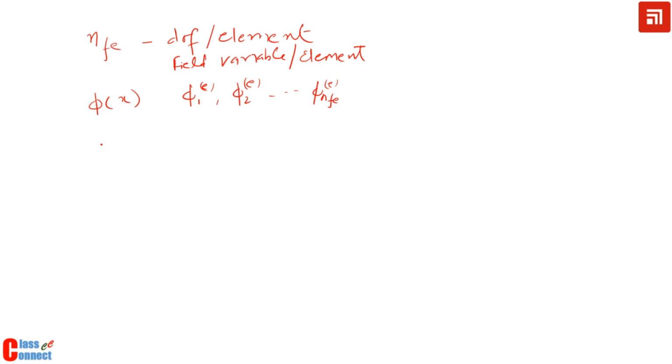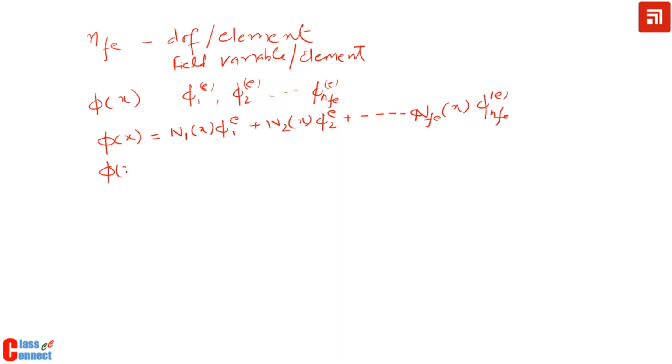And we know that the field variable can be represented in terms of shape functions as N1(x) phi 1e plus N2(x), or we can write this as phi x is equal to the summation of i equal to 1 to the total number of degrees of freedom per element, Ni(x), we are talking about a one dimension problem, and phi i e.